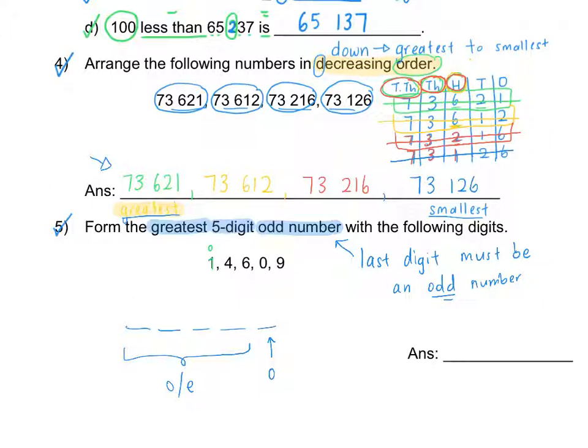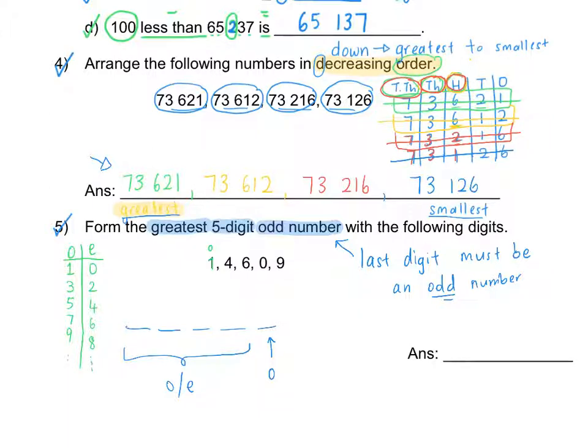So if we know that odd numbers start with 1, what is the next odd number? 3, next 5, next 7, next 9, and so on and so forth. How about even numbers? It will be 0, 2, 4, 6, 8, so on and so forth.